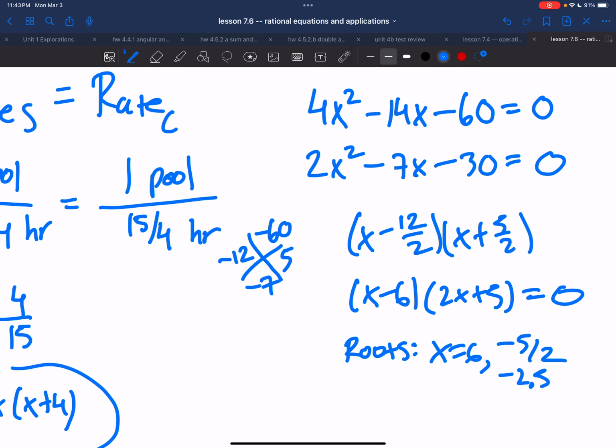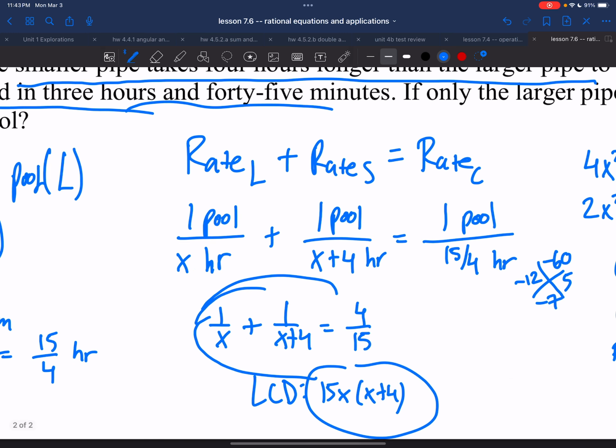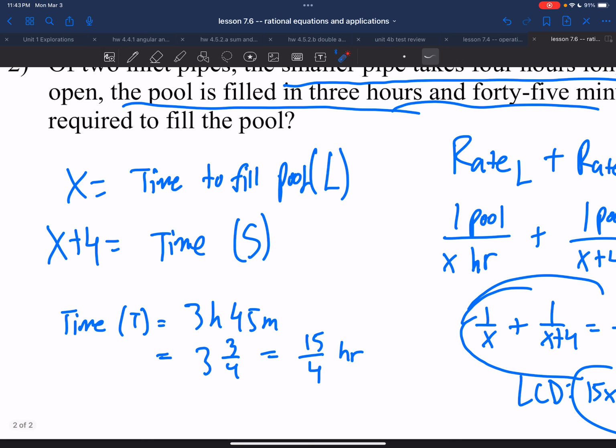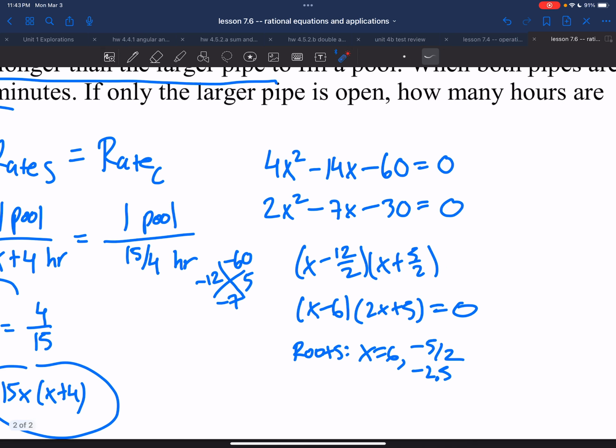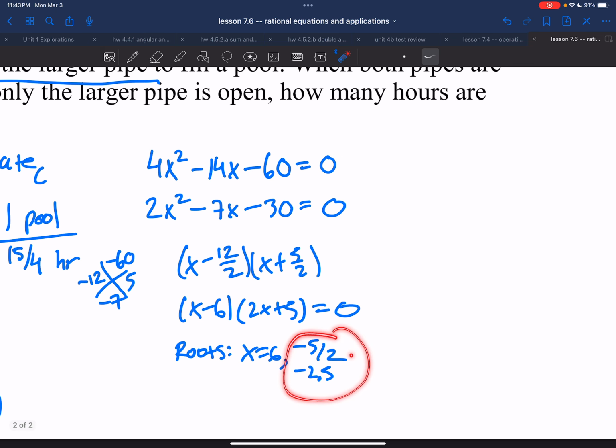Now, what did x represent again? X represents the time to fill the pool with the large pipe. Can x be a negative time? No. So this negative value doesn't matter. We reject that, which means the only valid solution is 6 hours.